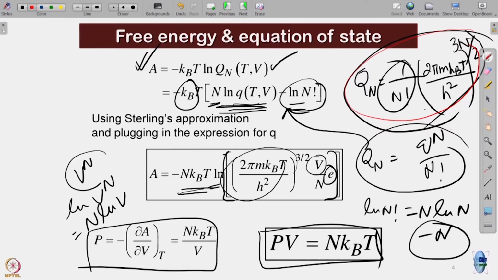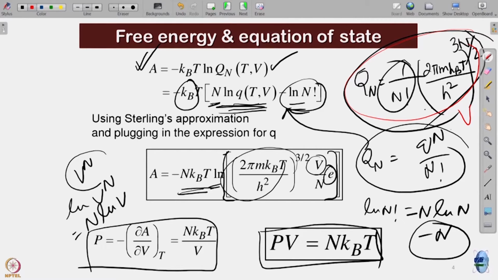The momentum integration gives this quantity, and the real space integration gives the volume. So the small q that we derived contains this quantity multiplied by the volume.